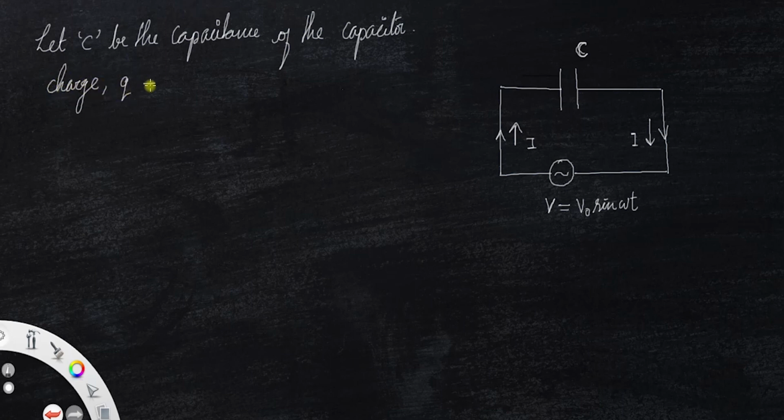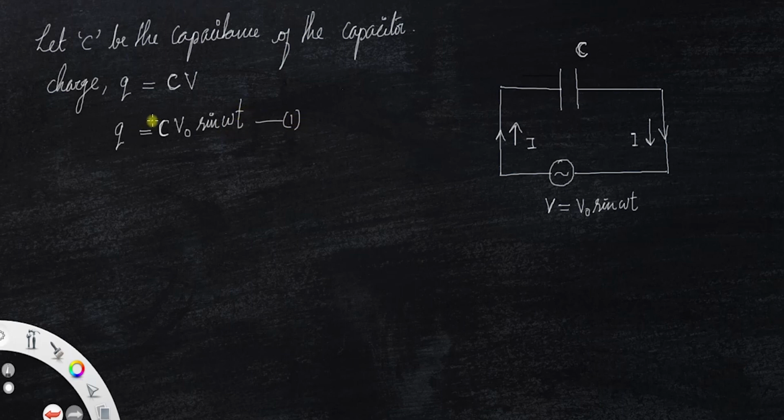Let's represent it as Q, which will be the capacitance times the voltage at that instant. That's the expression for the charge. When you substitute the value of V, that is V0 sine omega t, we have C into V0 sine omega t. Call this equation number 1.